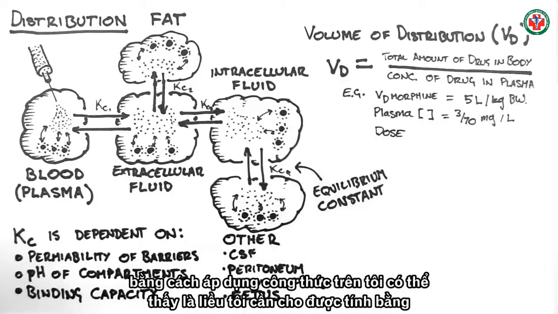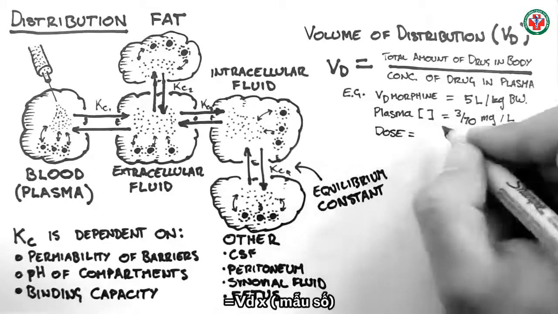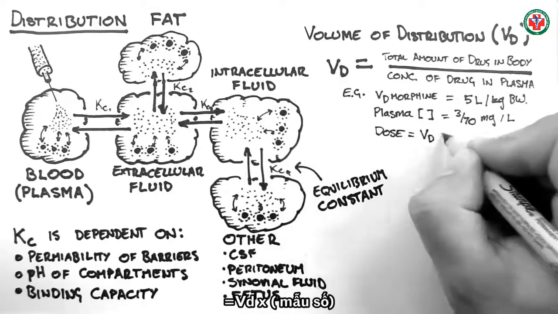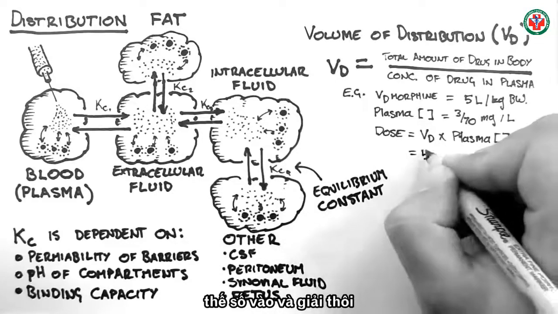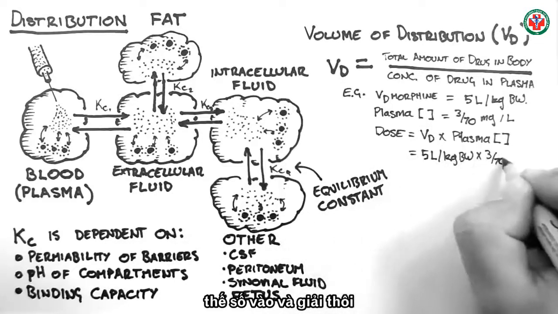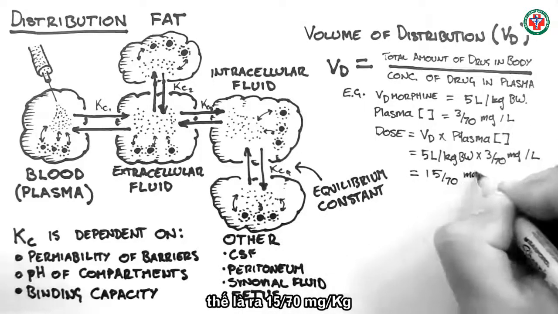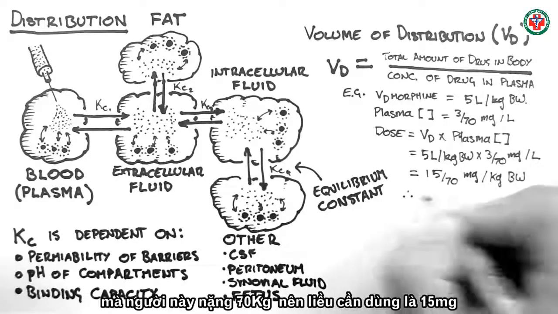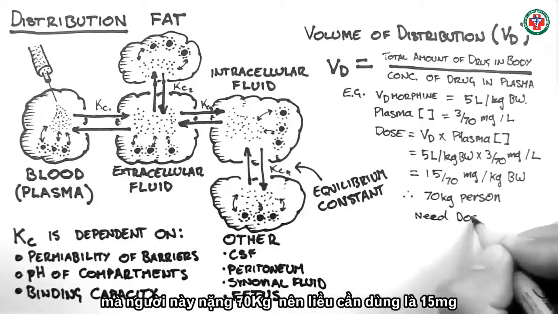Well, by rearranging the above formula, I can see that the dose I need to give, which in this case is the same as the total amount of drug in the body, is the volume of distribution times the desired plasma concentration. Substituting in the numbers and solving shows that I need 15/70 of a milligram for every kilogram of body weight. Therefore, for a 70 kilogram person, I need a dose of 15 milligrams.